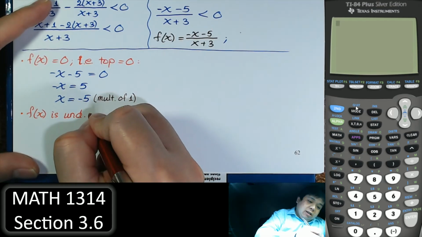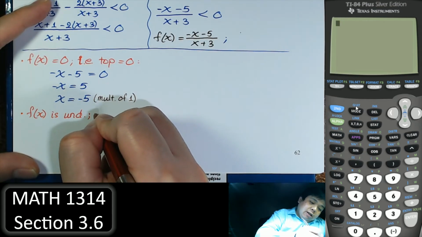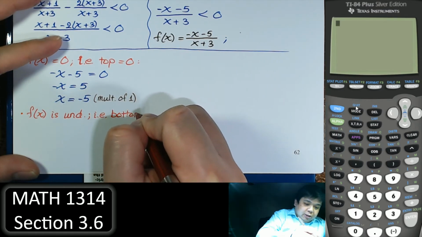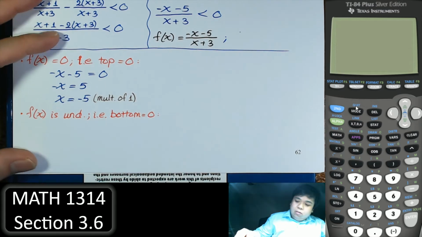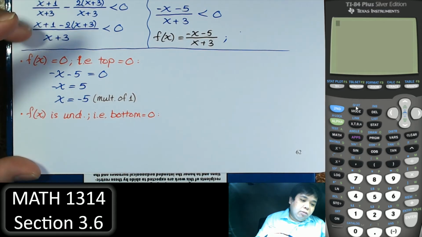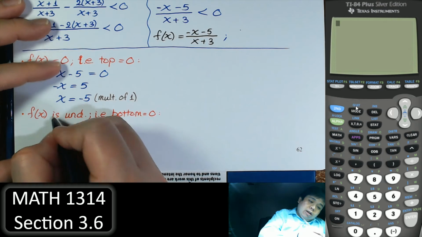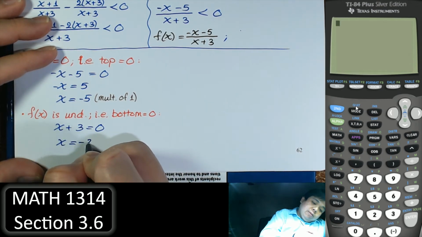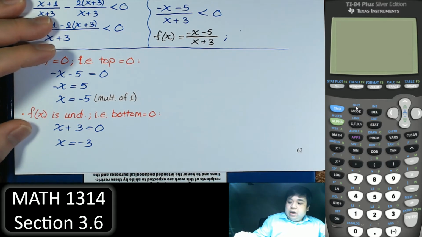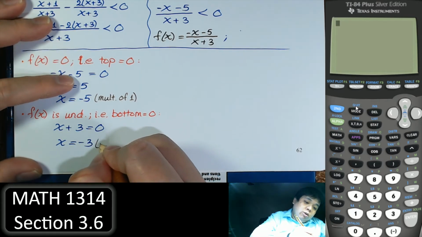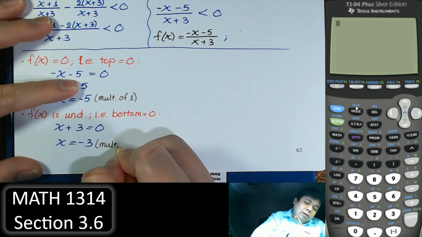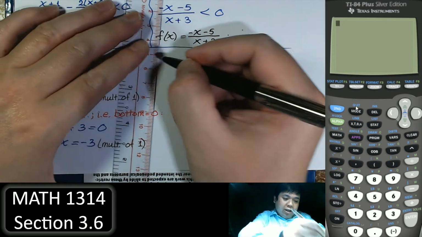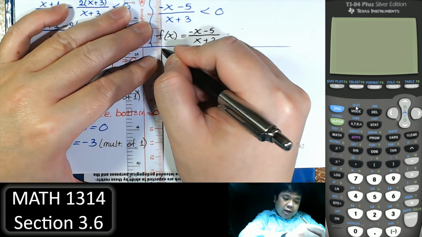And that means the bottom equal to 0. So you have x equal to negative 3, and that is multiplicity of 1 as well. Right, the next step is the sign chart and test point.